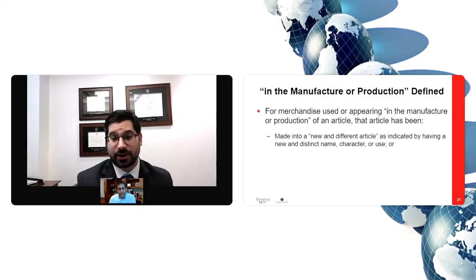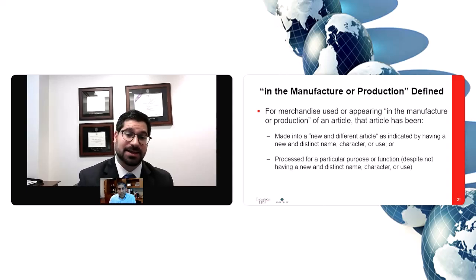For those of you familiar with the substantial transformation test, that is more or less the standard that's being applied here. Similarly, merchandise in the manufacture or production of an article could mean that it was processed for a particular purpose or function, even though it might not necessarily have a new and distinct name, character, or use. So that is what "in the manufacture or production" means.